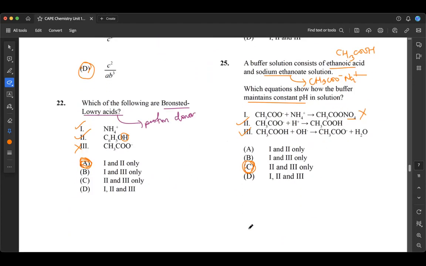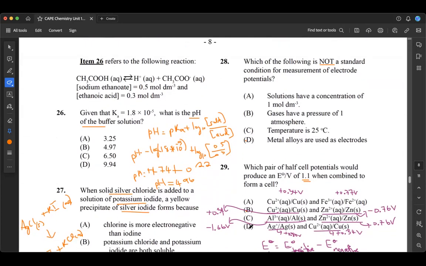And we are moving along to 26 now. 26 refers to the following reaction. Here we see that we have ethanoic acid in equilibrium with H plus ions and ethanoate ion, okay?